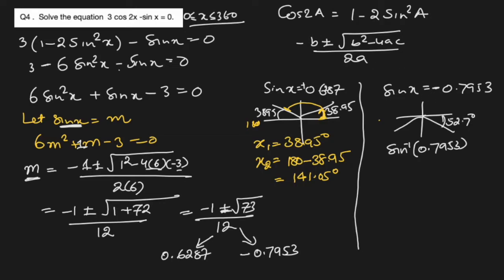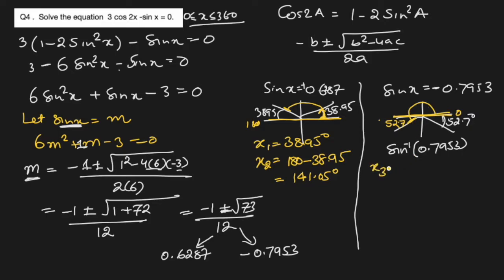So first angle, again we start from 0. First angle will be this one. This is also 52.7. Whatever angle we get, that is always the acute angle with the horizontal line. It was also the horizontal line here. Here also it's the horizontal line. So from 0 till this line will be 180.